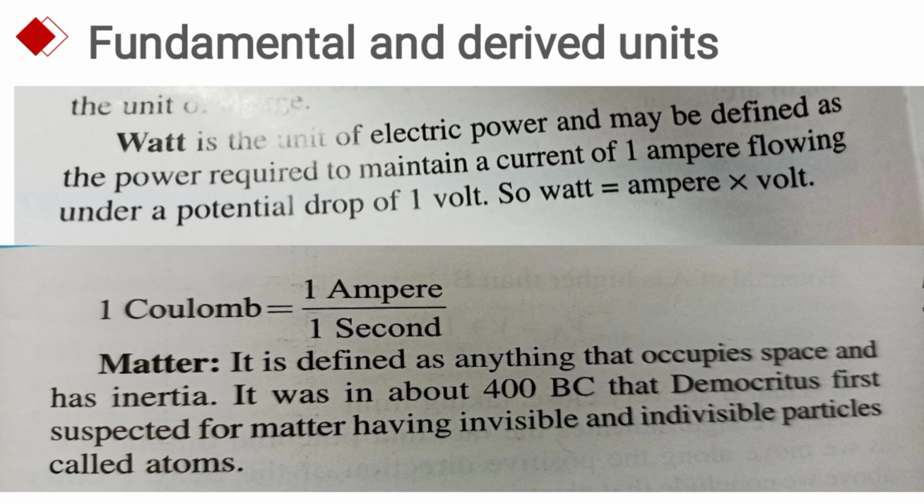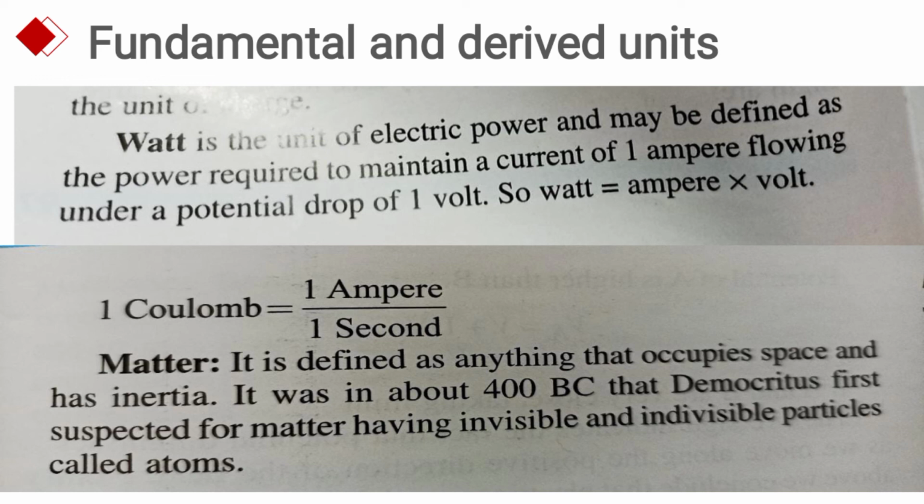All physical quantities can be expressed in terms of only 7 fundamental quantities, which we have read before. These are length, mass, time, temperature, luminous intensity, electric current, amount of substance.